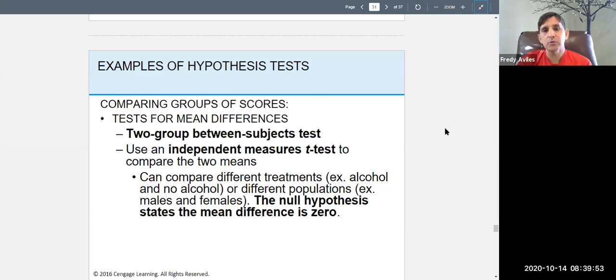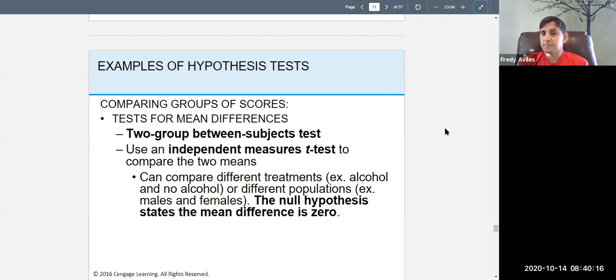That's what we mean by a two-group between subjects test. The test that you use for that is called an independent measures t-test. You guys just know it as a t-test, but there are different kinds of t-tests. The independent measures t-test is the t-test that you use when your two groups are composed of different participants.